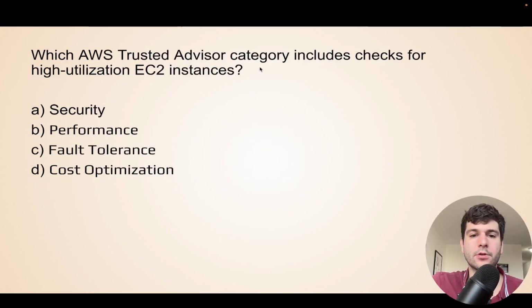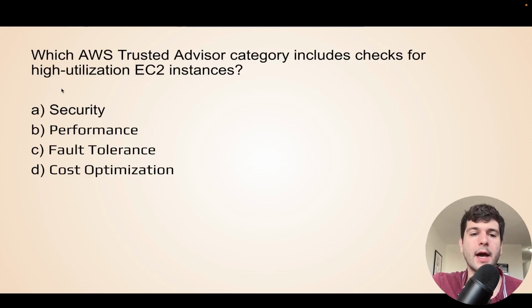Which AWS Trusted Advisor category includes checks for high utilization EC2 instances? So Trusted Advisor has these different categories and checks, and they're similar to the Well-Architected Framework. So if you're struggling with these questions about Trusted Advisor, just think about the Well-Architected Framework.